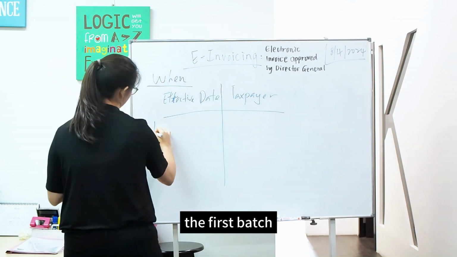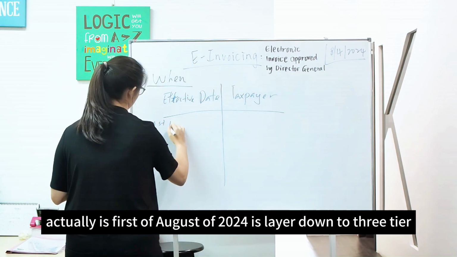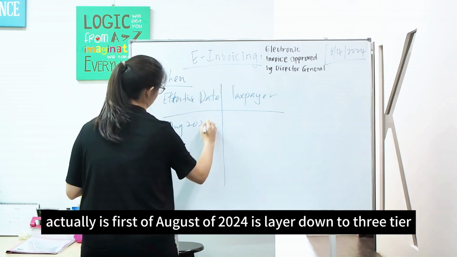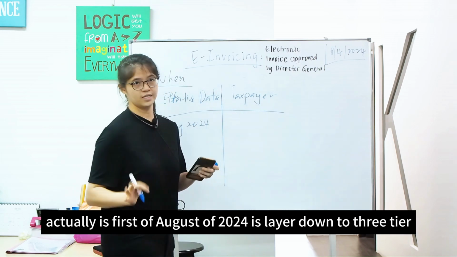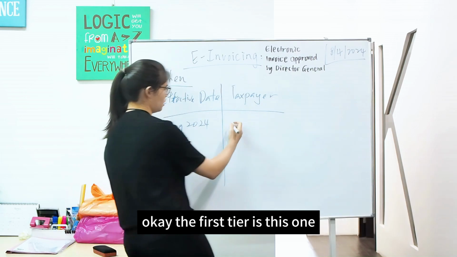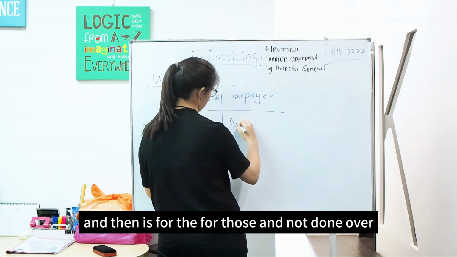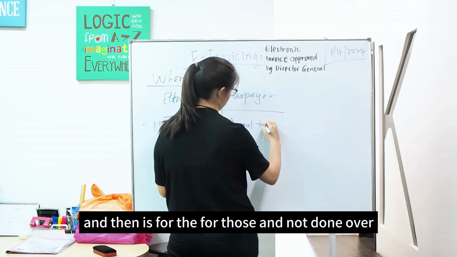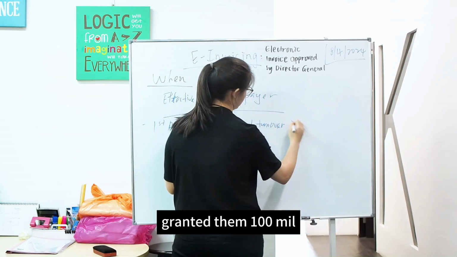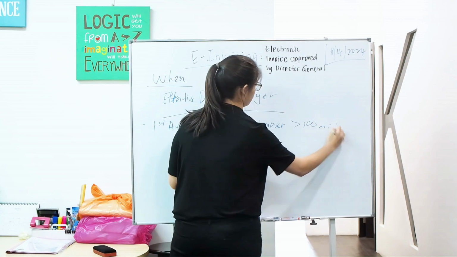The first batch is actually 1st of August 2024. It's layered down into 3 tiers, okay? The first tier is for those with annual turnover greater than 100 mil.